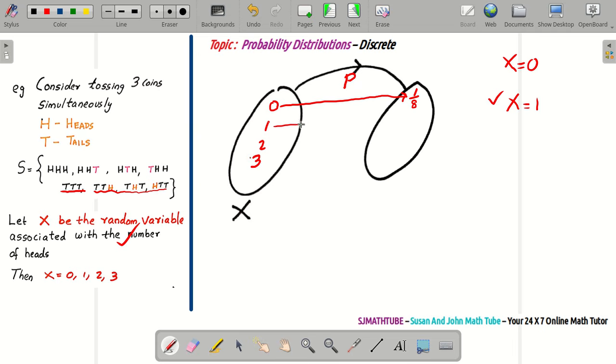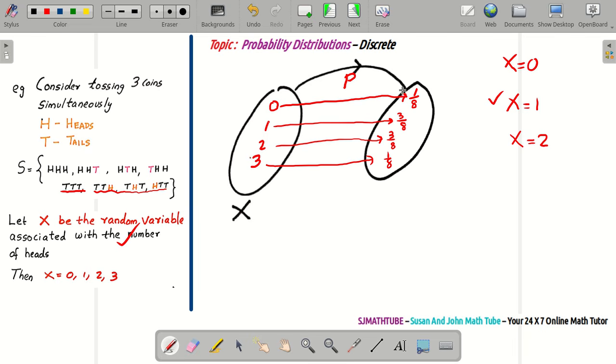So the probability will be 3 by 8. And similarly, what will be the probability of x is equal to 2? X equal to 2 means there should be 2 heads, and you can check the sample space and the answer is again 3 by 8. And finally the last one, 1 by 8.